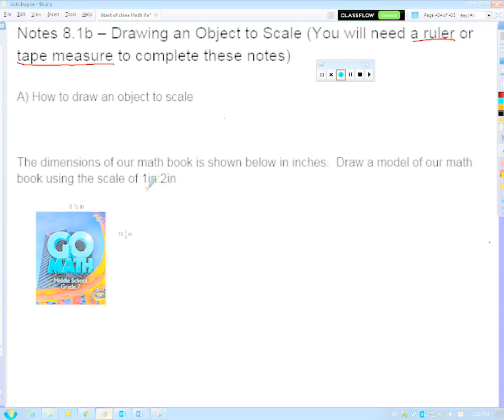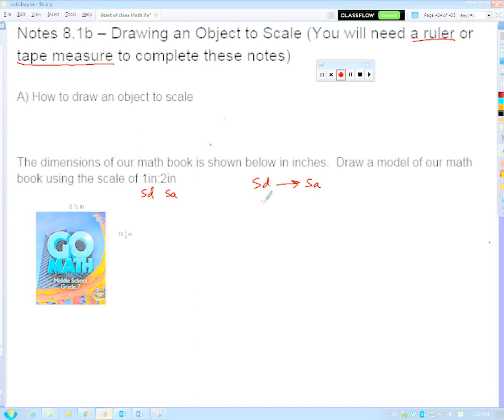Okay, so same thing like we talked about yesterday. Here is our scale drawing, and here is our scale actual. Okay, now you may remember from yesterday we were given a scale drawing, and then we had to find the scale actual, like the actual size of it based on the dimensions of the drawing.